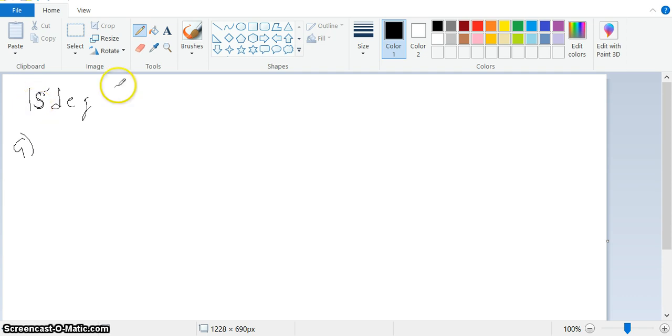But look, I'm going to change this from degrees to arc minutes, because the reason I'm doing this is to show these conversions. In 1 degree, there are 60 of these things called arc minutes. Again, this is not a unit of time, it's an angle.